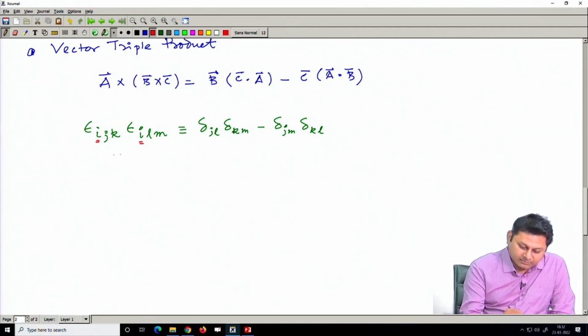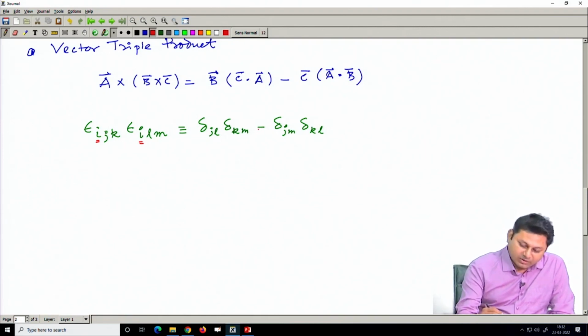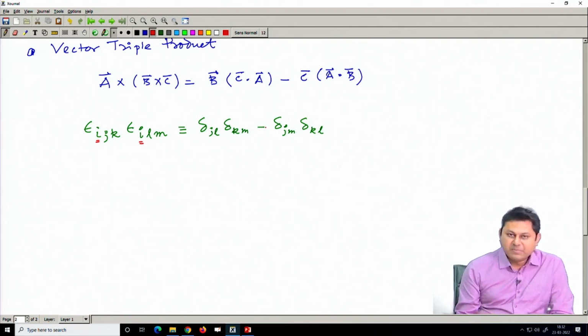The first term is the closer one, jl, and then the next, km. This order will be like that: j first, then l first, so jl; k second, m second, so km. Now I reverse the order, and in order to reverse the order there will be a negative sign. You just remember it this way.